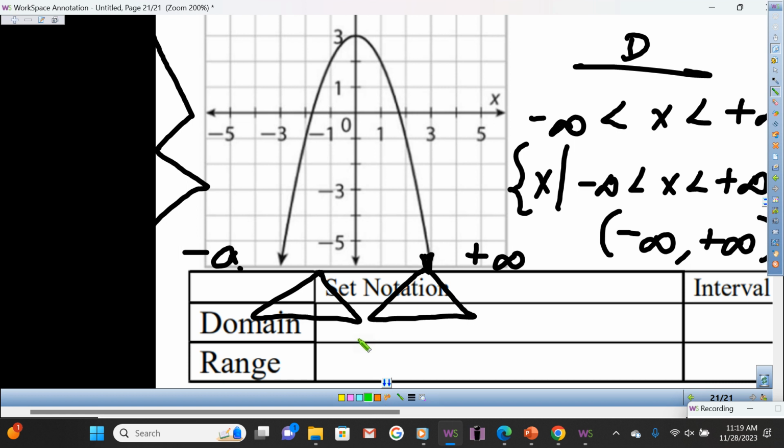Danny, pass someone. Martin. Negative infinity. And what? And 3. Hands if you agree with that. Yeah, these arrows continue going that way for the y. That is correct. And it stops at the top at 3.